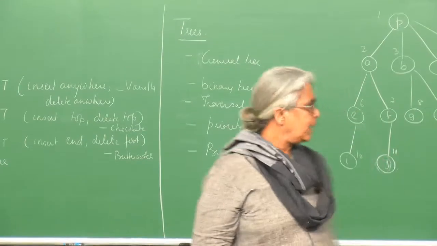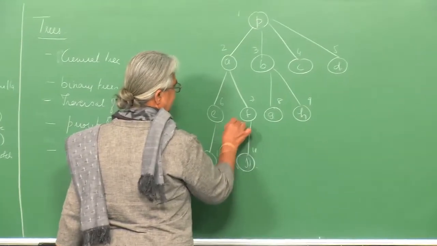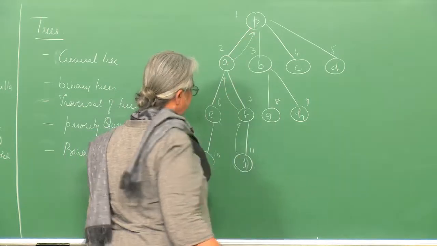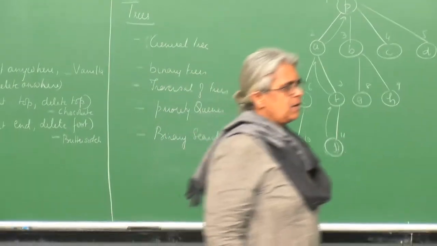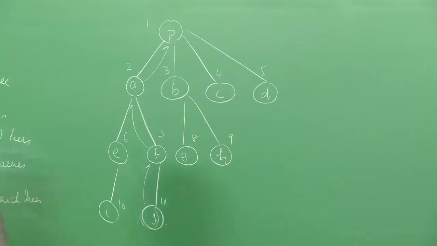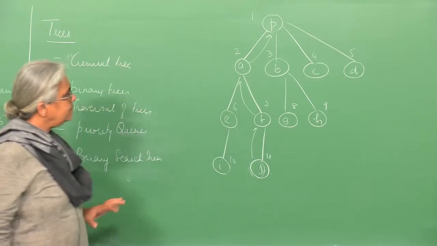I would like j to say who is his or her parent, who is this one's parent, who is this one's parent, if I want to find a lineage of j. How easy or how difficult this is depends upon the kind of representation that we are going to use. So, a tree data structure suits this kind of data very well.